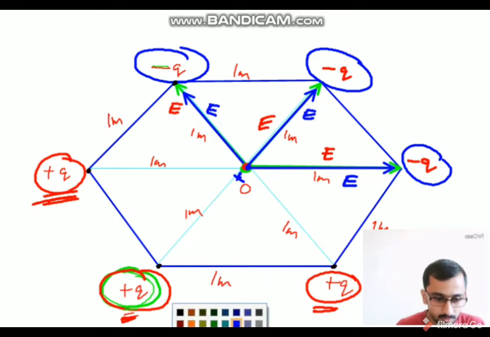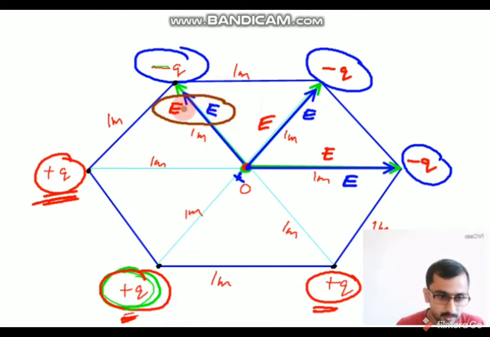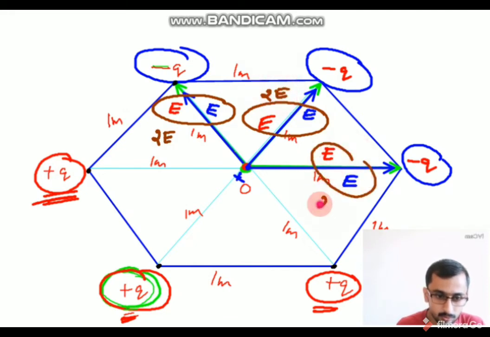That means we can consider net field along this is 2E, here also 2E, and here also 2E.